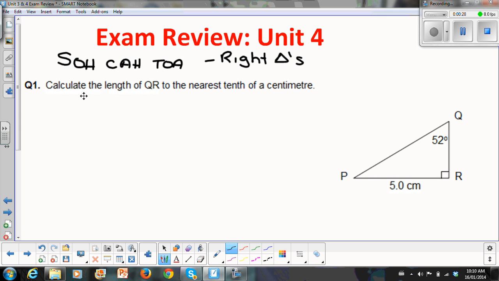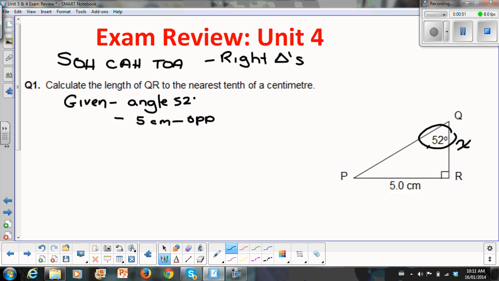Calculate the length of QR. I'm going to call that x to the nearest tenth of a centimeter. If we take a look at the angle that's given, so we are given the angle of 52 degrees, and we are also given the side of 5 centimeters, which is opposite, across from 52 degrees.